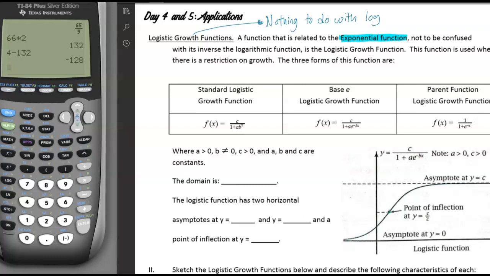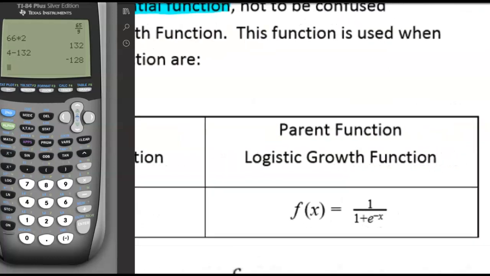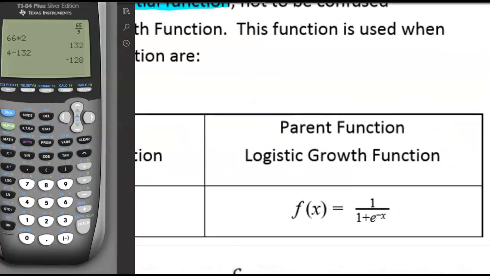Now, a logistic function is used when there's a restriction on the growth. So if we think about a normal exponential, what does a normal exponential function look like? A backwards letter L with a curve, right? It starts off very, very flat from the left to the right, and then it increases exponentially.